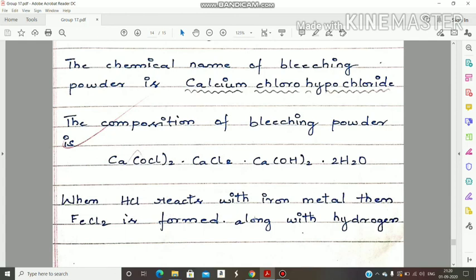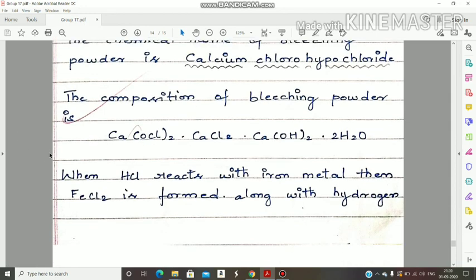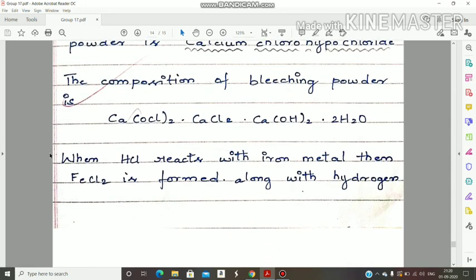Next, when HCl reacts with iron metal, this is also an important point. When HCl reacts with iron metal, then FeCl2 will be formed along with hydrogen. That means initially hydrogen will be formed. After forming, that hydrogen prevents the formation of FeCl3. Thereby FeCl2 will be formed. I repeat that point once again. Listen carefully.